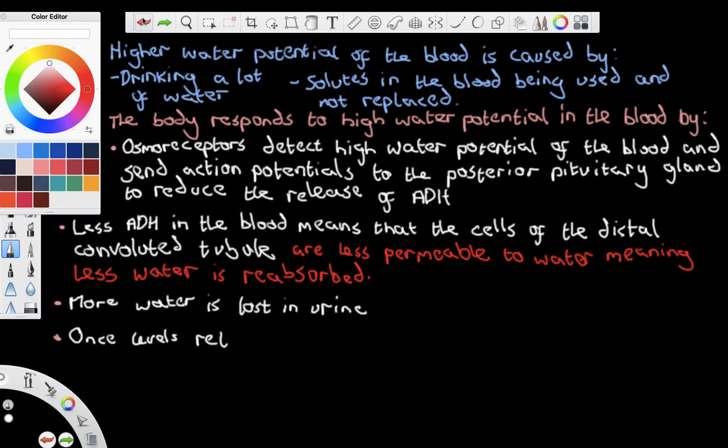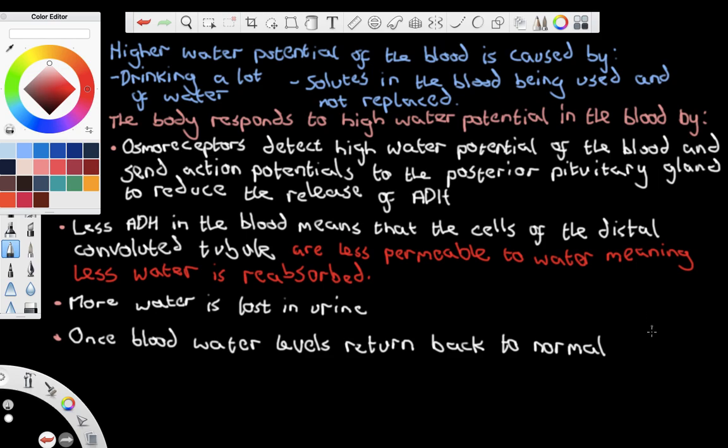We can say once blood water levels return back to normal, ADH is released in normal amounts. And that's it. That's all you need to know about when there's too much water.